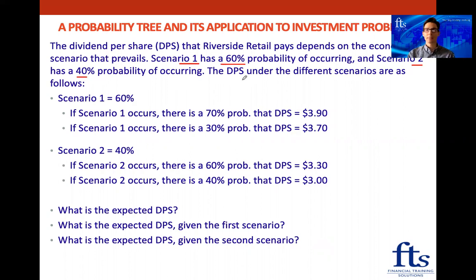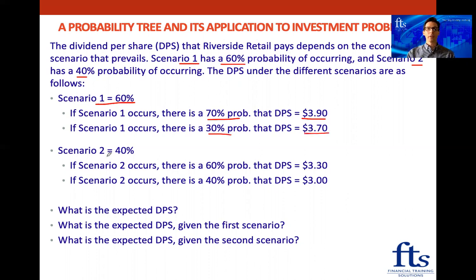If scenario 1 occurs, then there's a 70% chance that the dividend per share is $3.90, and a 30% chance that the dividend per share is $3.70.